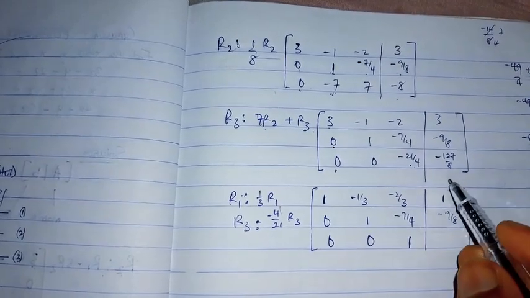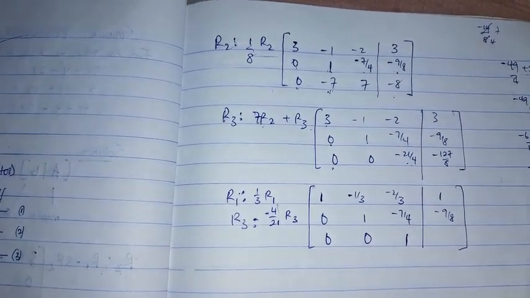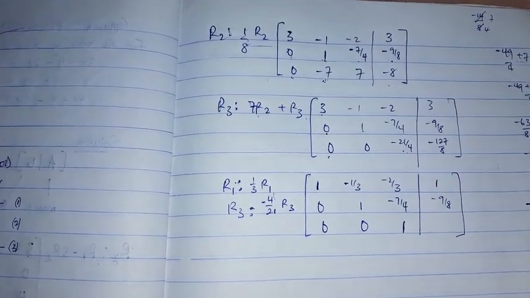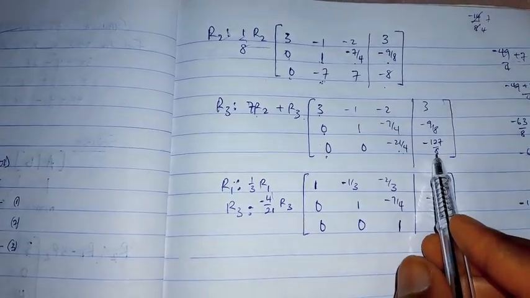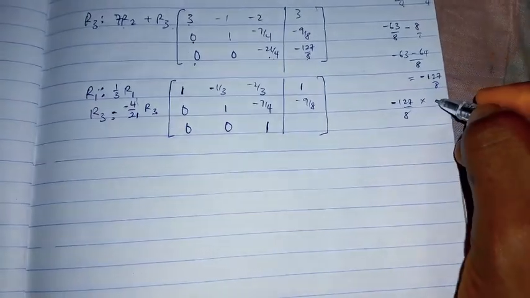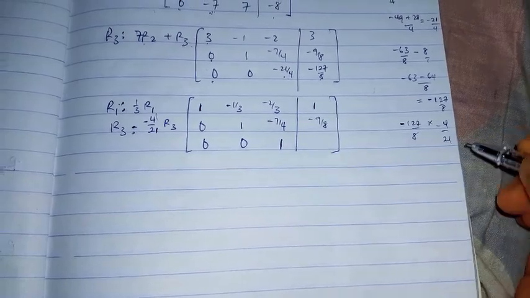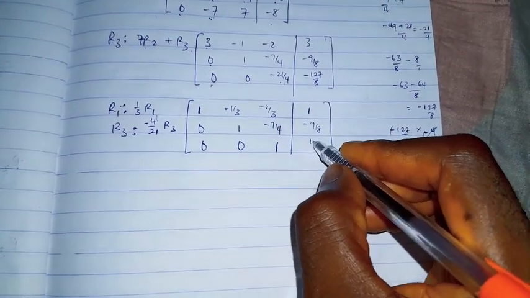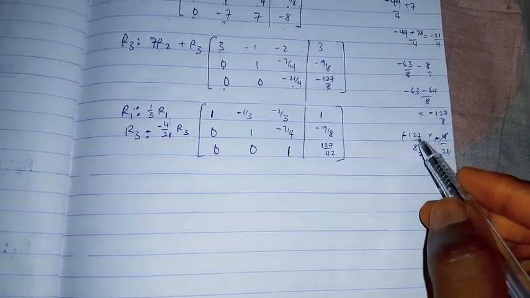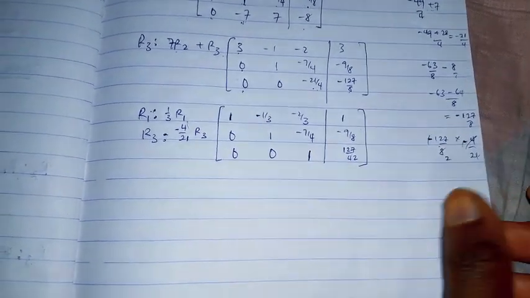And this is minus 127 over 8 times this, times minus 4 over 21. 127 over 42. So possibly 21 can go in 127. I don't know. Just confirm that at the end.